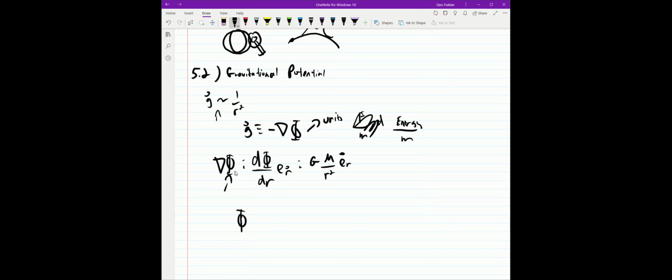We get phi is equal to negative Gm over r. Okay? And we're ignoring the plus c in this case, because it's arbitrary and we can choose any potential. Basically a potential isn't defined unless it's a difference between two things, if you remember from our earlier conversations. So constants don't really matter because you can always set something to 0.